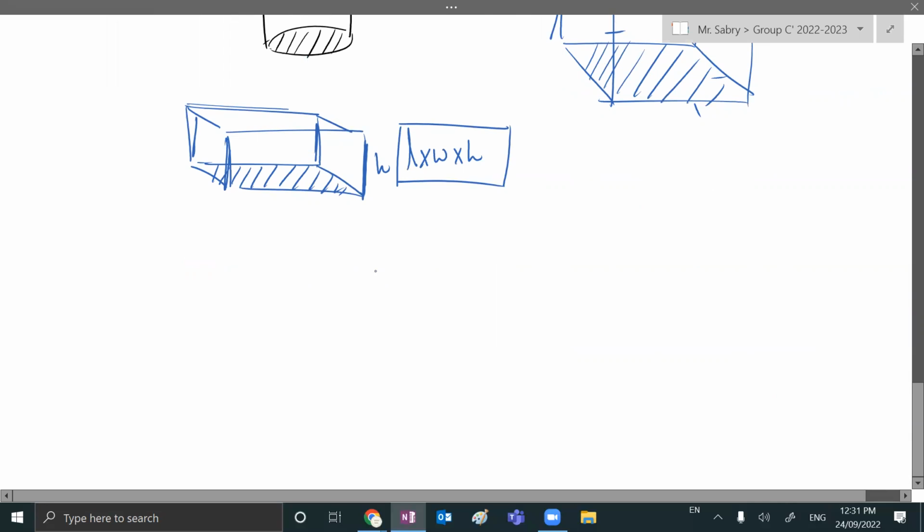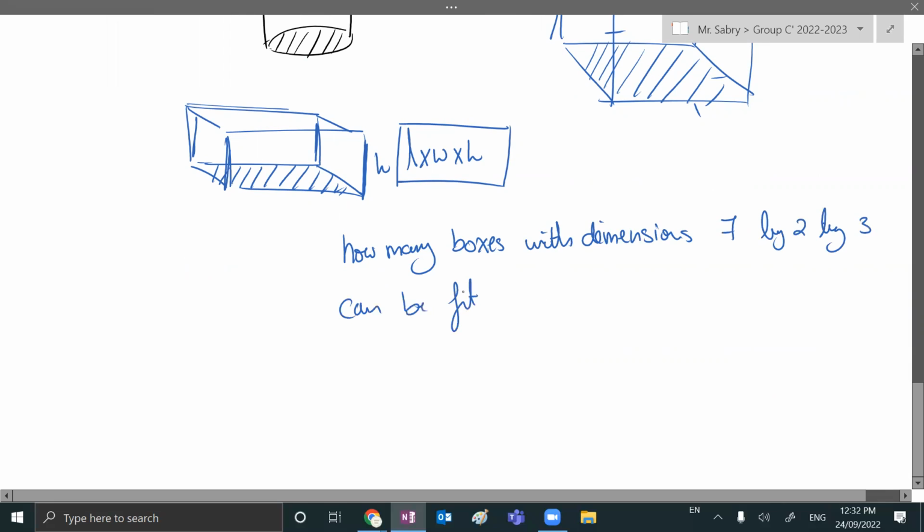So sometimes there will be questions where they're asking you things like, how many boxes with dimensions 7 by 2 by 3 can be fit in a box with dimensions of 20 by 10 by 20.